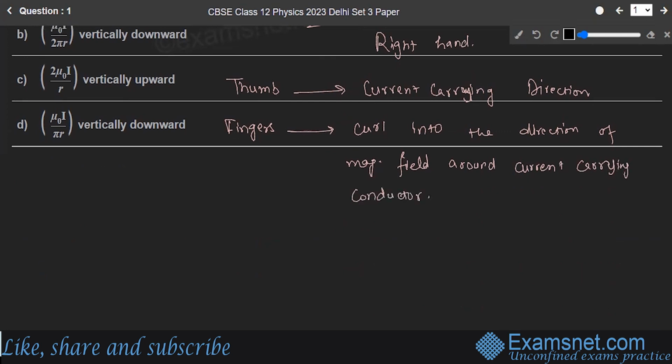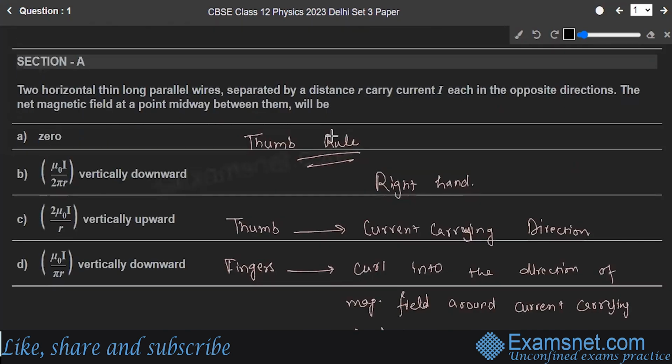Thus, the magnetic field at the point due to the wire on the left is downwards. Again, applying the same theory to the right hand side wire, the magnetic field at the point due to that wire exists downwards. Hence, after summing the two magnetic fields, the net field will be zero only. So the first option is the correct one. Option A is the right answer. Hope you are clear with this.